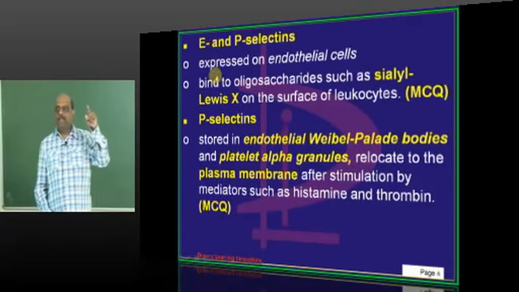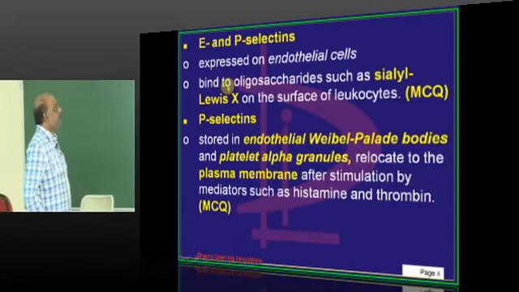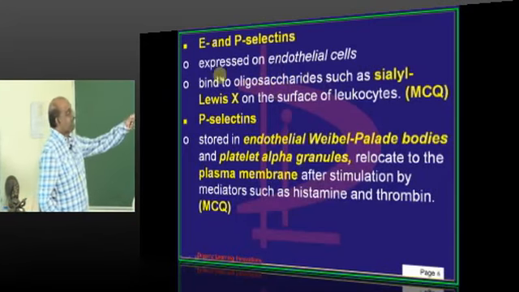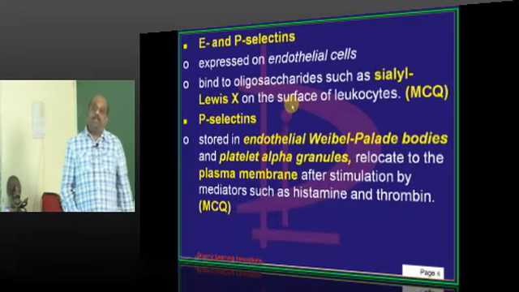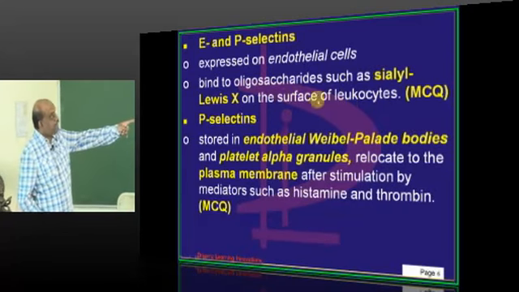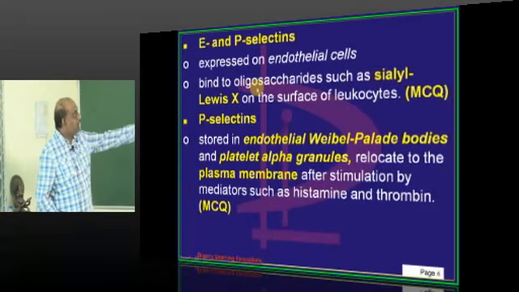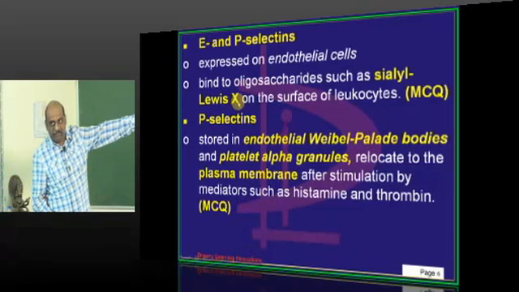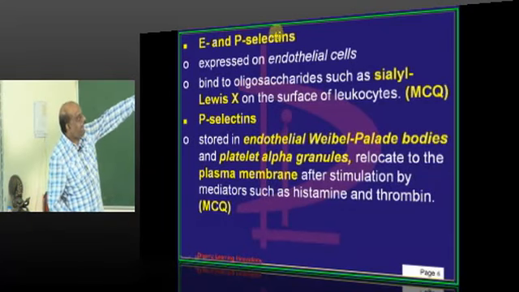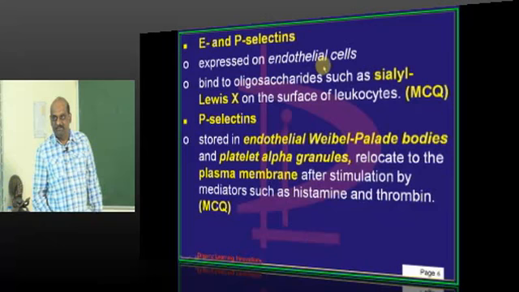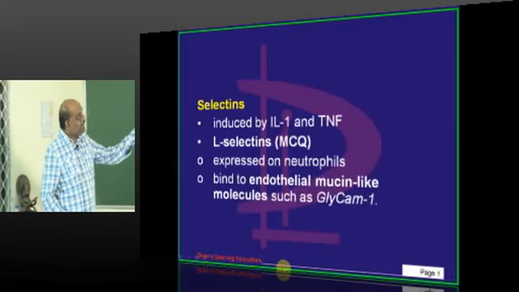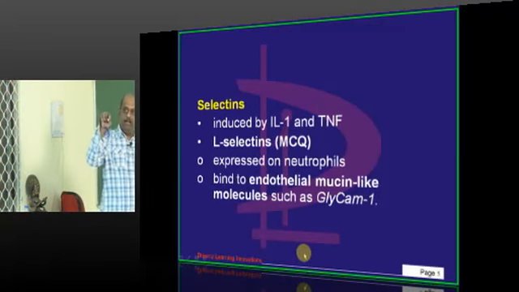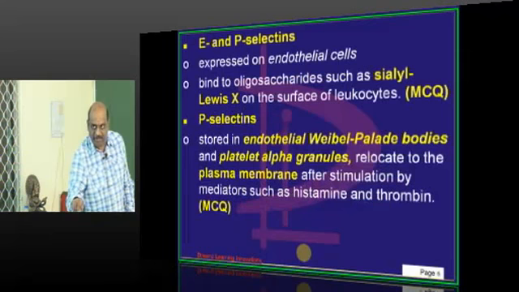Then E-selectin, P-selectin, where are they basically seen? The vascular endothelial cells basically express them. And what will they do? On the surface of the leukocytes, there are oligosaccharides called sialyl Lewis X. To that, these E and P selectins will be binding. So what is the difference between L-selectin and E and P selectins? L-selectin is expressed on the neutrophil, which enables the neutrophil to bind with the vascular endothelium.